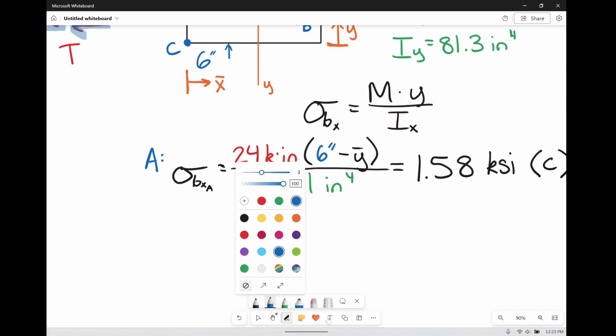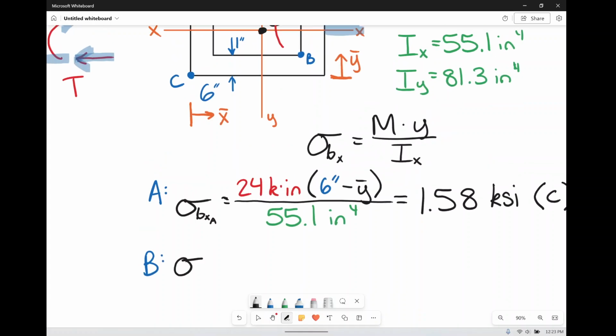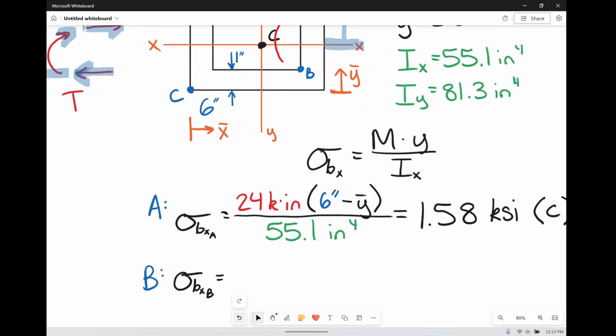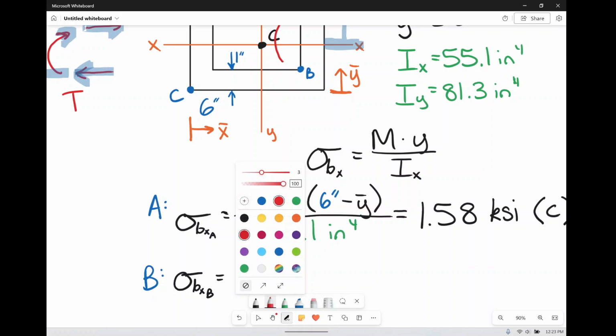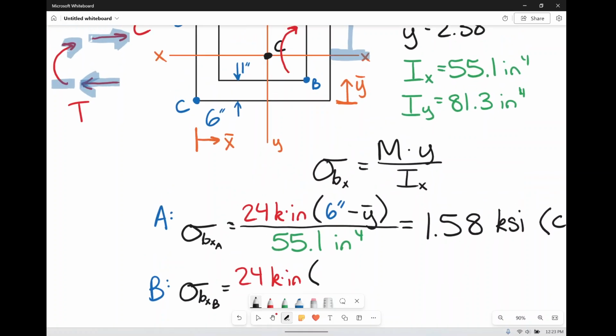Next we have point B. Now we're looking at the bending stress in the x direction at point B. Point B is down here as a reminder. So we have M, the same M, still 24 kip inches, times y. What is the distance of these two? I'm going to say that that's a total distance of y bar minus the 1 inch.